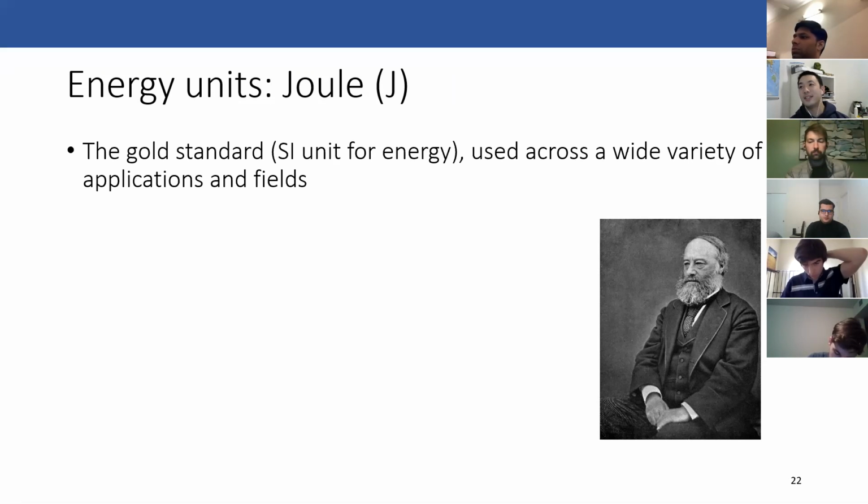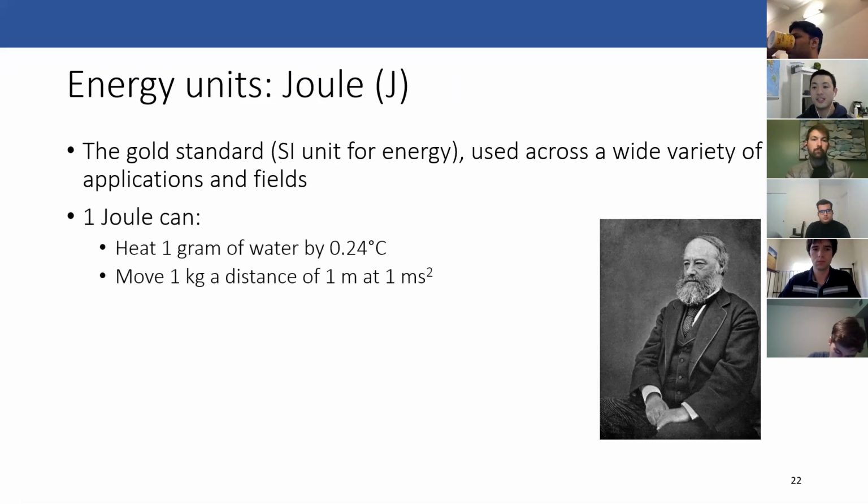Okay, and so what is the definition of a joule? A joule is defined as the energy required to heat 1 gram of water by 0.24 degrees Celsius, which is equivalent to the energy required to move an object of 1 kilogram a distance of 1 meter at an acceleration rate of 1 meter per second squared.